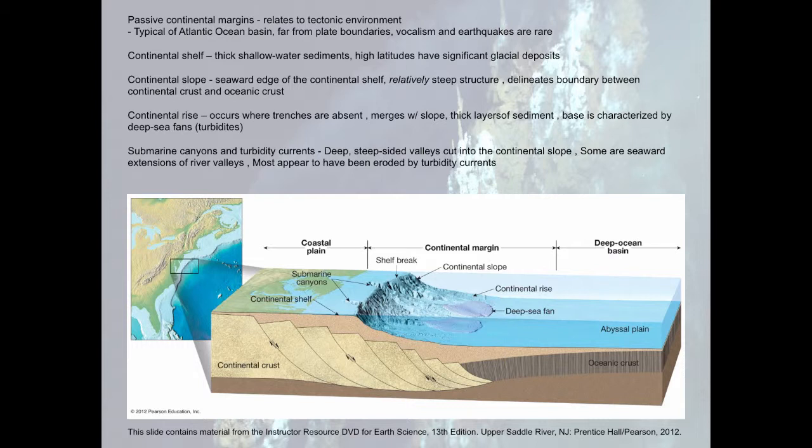Most submarine canyons appear to have been eroded by turbidity currents, which are when large amounts of material will suddenly and relatively quickly move downslope toward the continental rise and deep sea fans. Turbidite sequences are often quite characteristic in terms of their lithology.